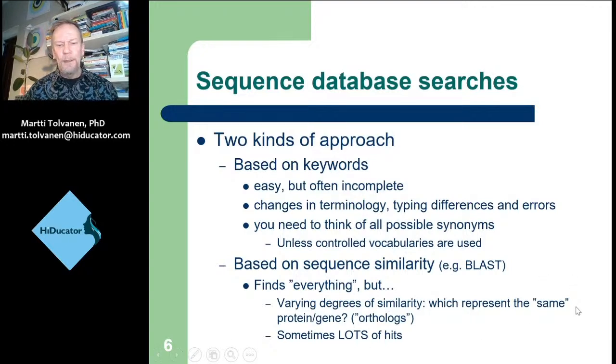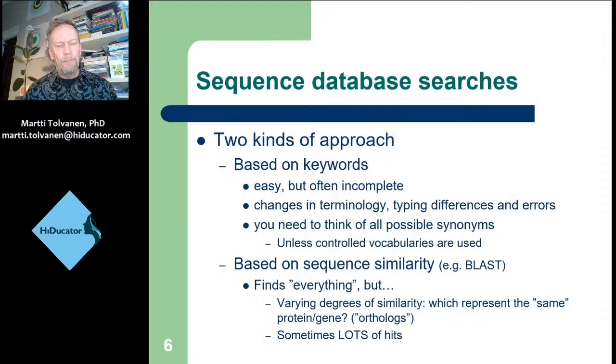But then we might have problems if we have clearly the same sequence. Let's say we have human CA7, and I'm doing a search in vertebrate animals, and anything I pick up which is a true CA7 is most likely going to be annotated as CA7 because of the very high similarity.